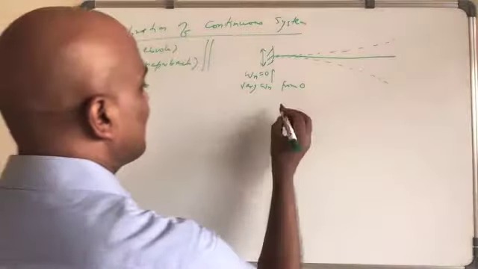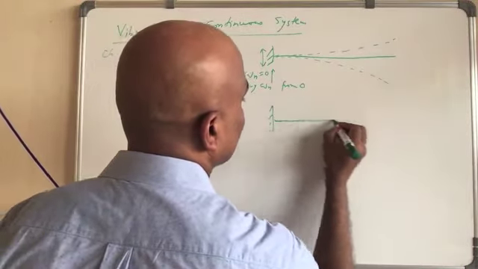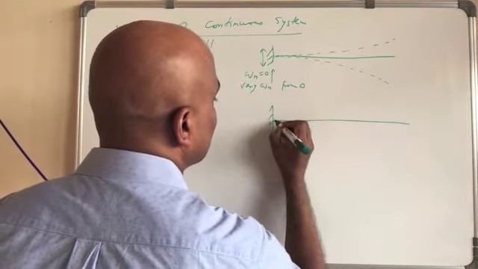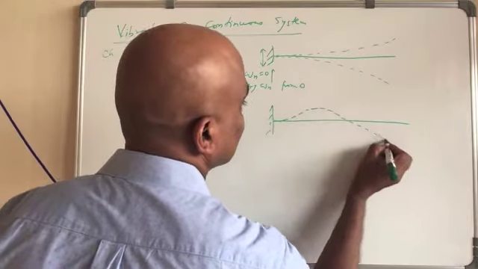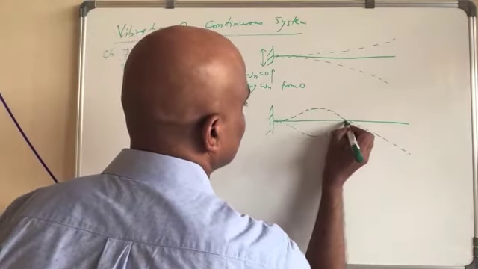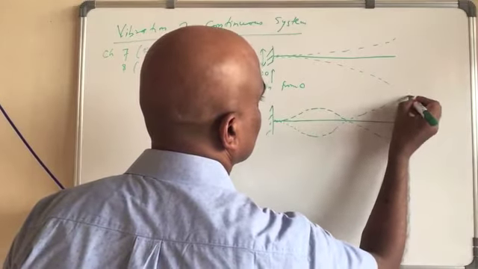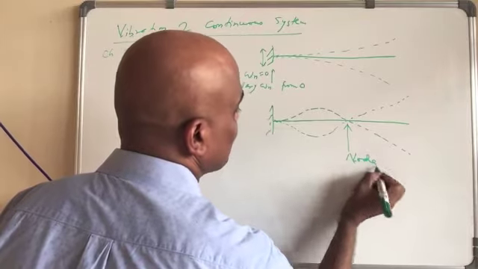The mode of vibration will start from here and go like this, between the two extreme positions. So you see one node in between.